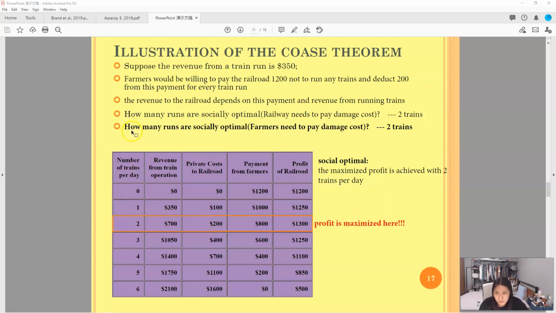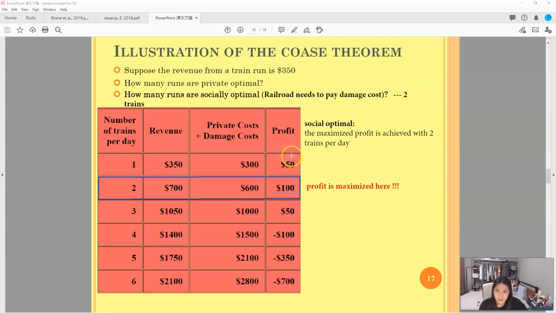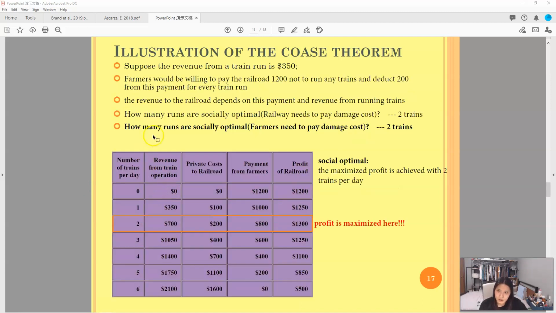So it does not matter who pays the damage costs, right? If the railway needs to pay the damage costs, the optimal level of the number of trains per day is 2. If the farmers pay the damage costs, then the optimal level is still 2.